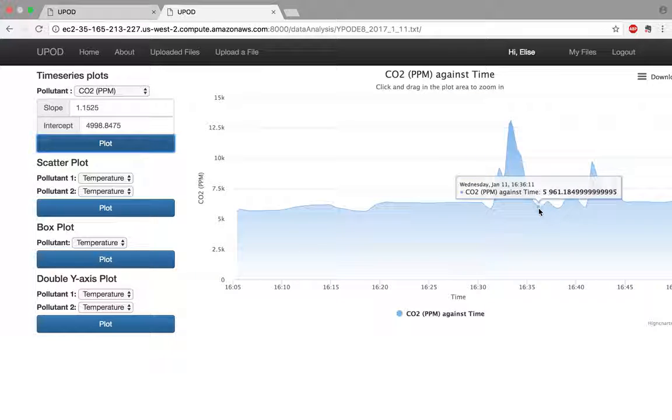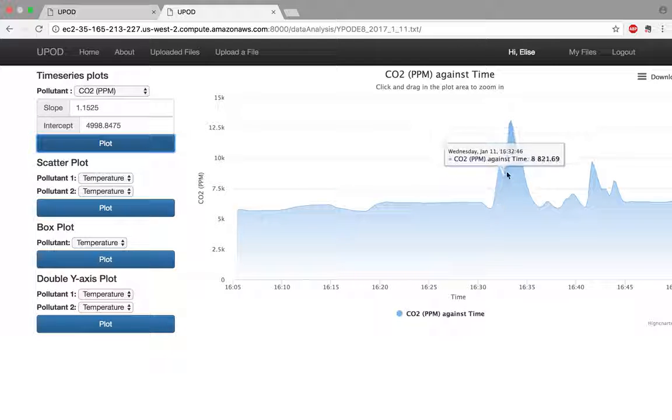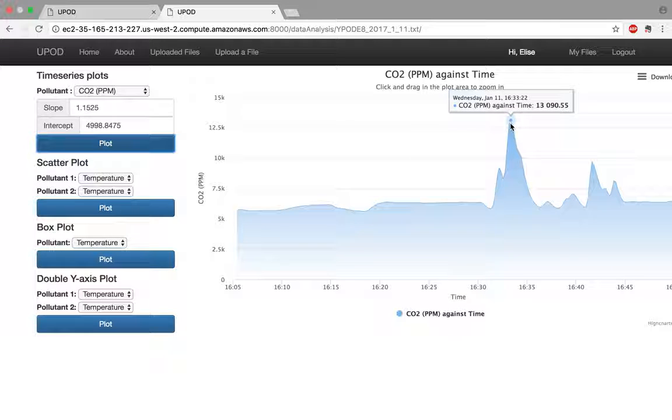But what's different about plotting parts per million on your y-axis is that parts per million is our concentration unit. And so by using the carbon dioxide parts per million plotter tool, we can create a plot in units of concentration to say that at 16 hours and 33 minutes on Wednesday, January 11th, we have approximately a concentration of 13,090 parts per million of carbon dioxide exposed to the pod.